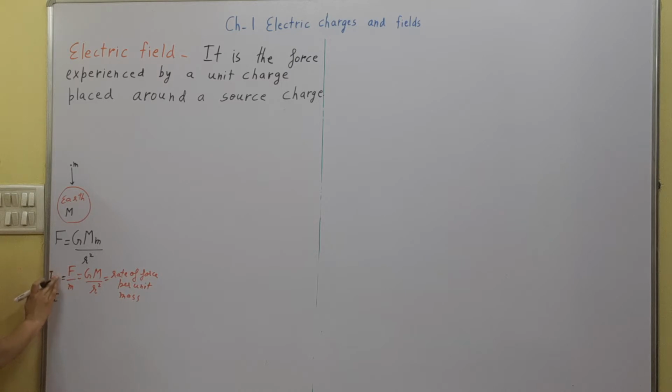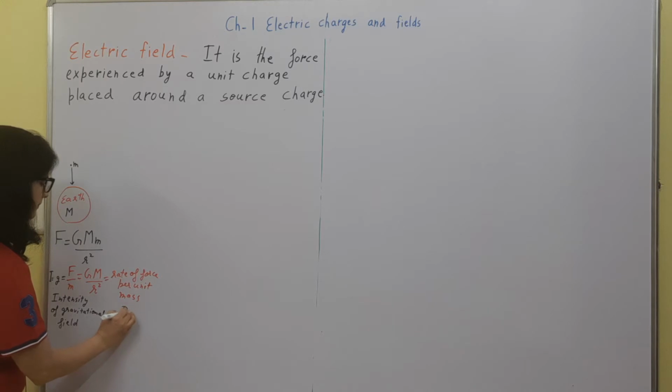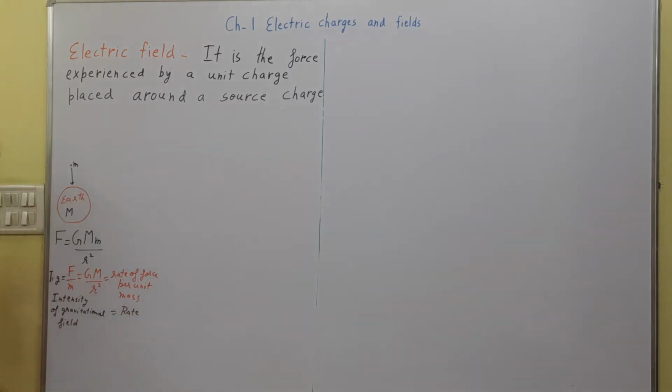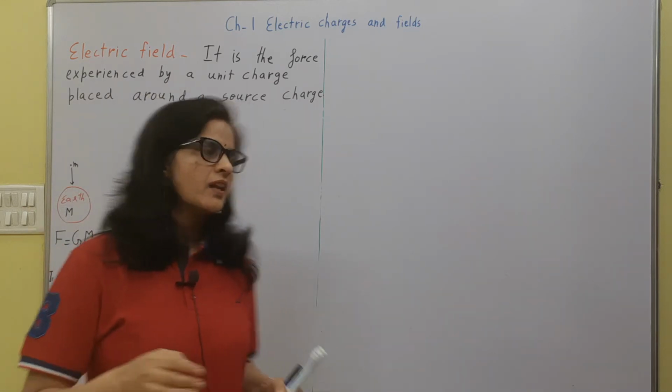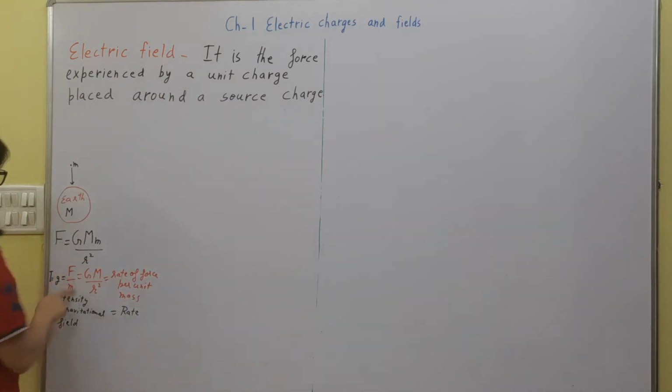More important here is this intensity of gravitational field. So this is giving you the rate. Now if I want to find the force on any mass, I can multiply this force per unit mass by the given mass to get the force on that particular mass.